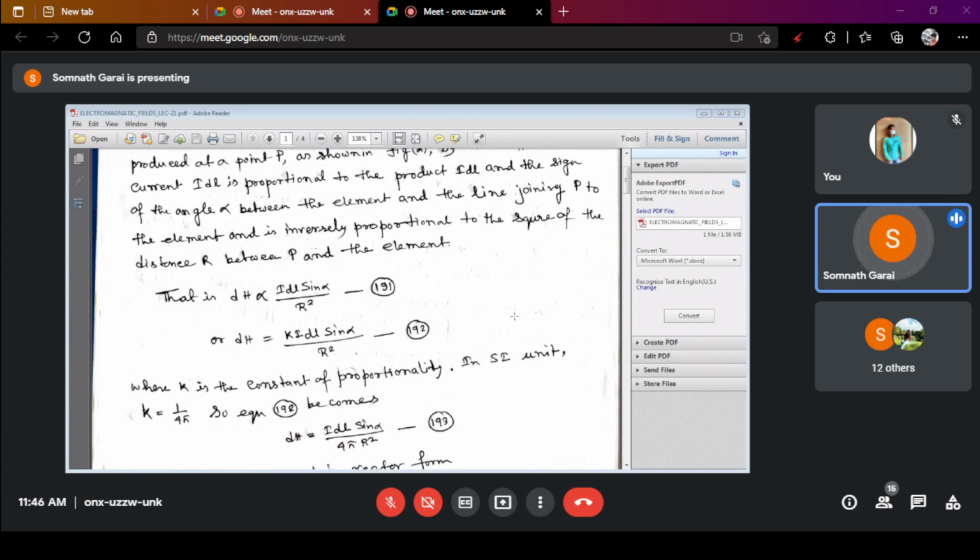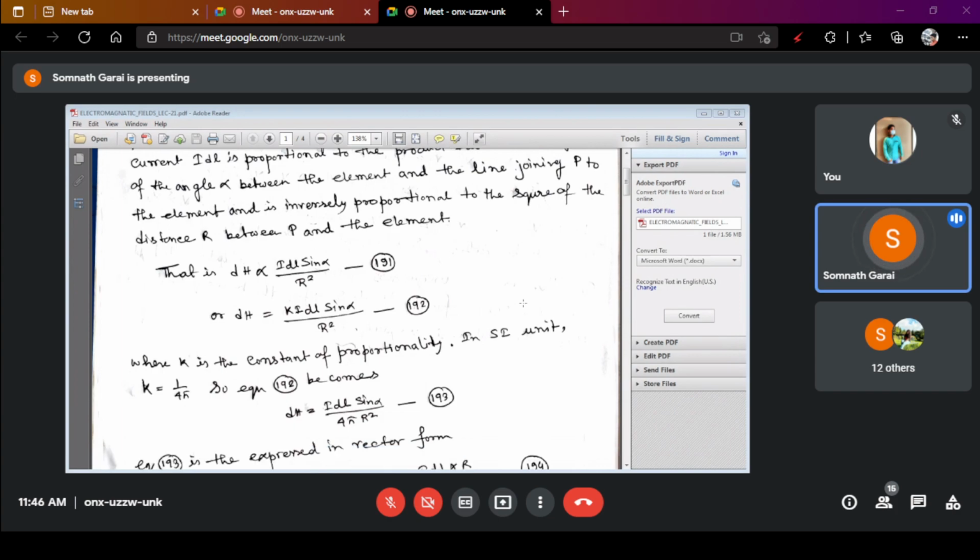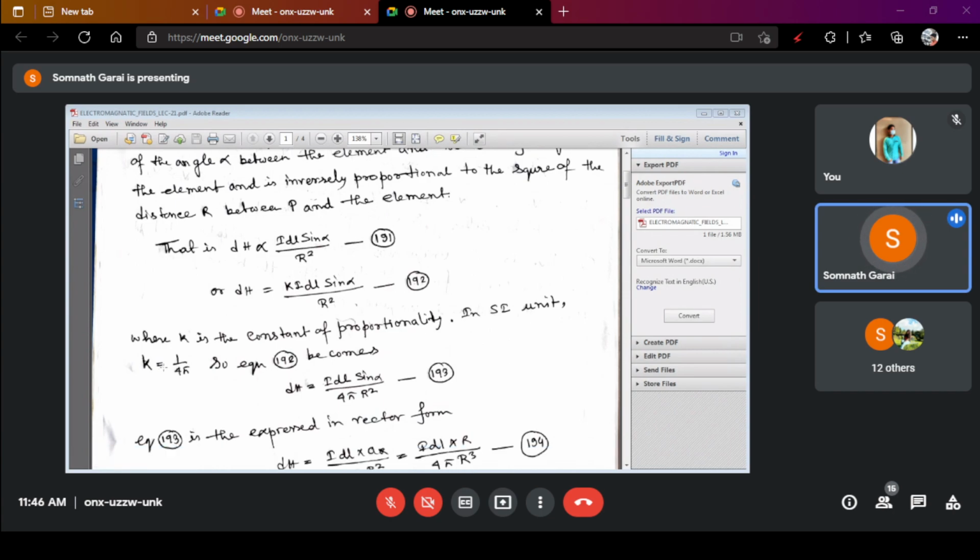So according to the Biot-Savart law, the magnetic field intensity dH is defined as K I dl sine alpha by R square, where K is called the constant of proportionality. In SI units, the value of K is approximately 1 by 4 pi.